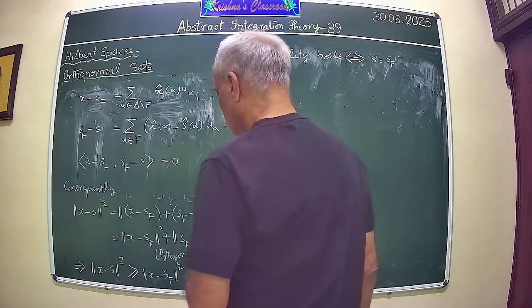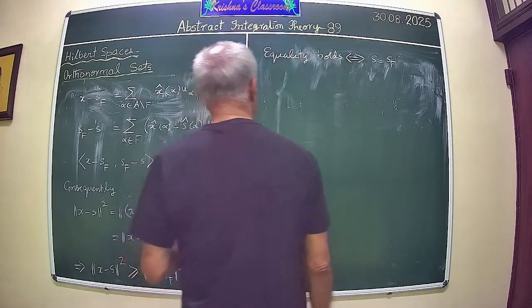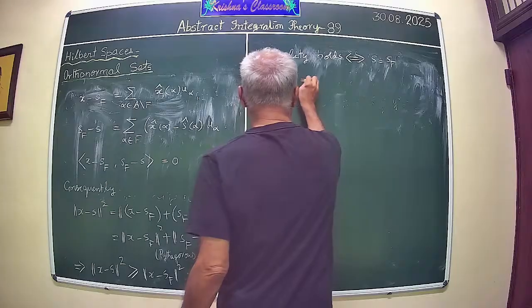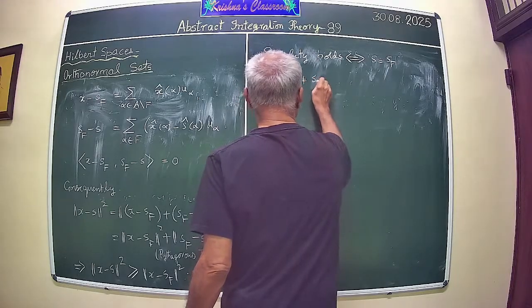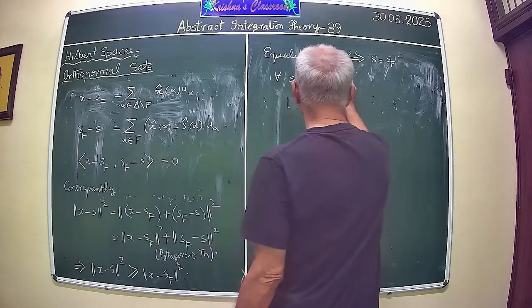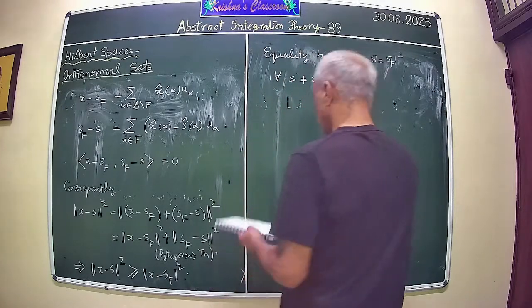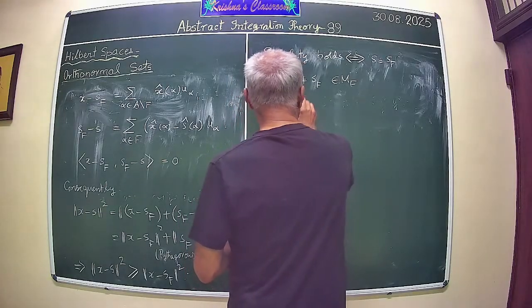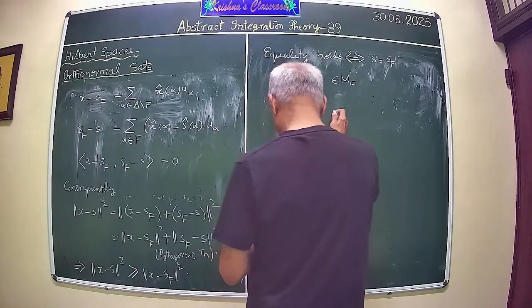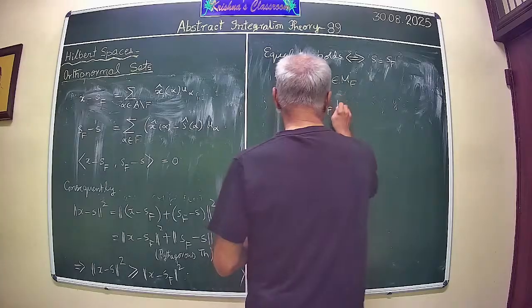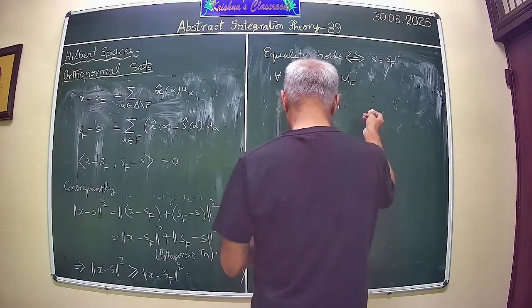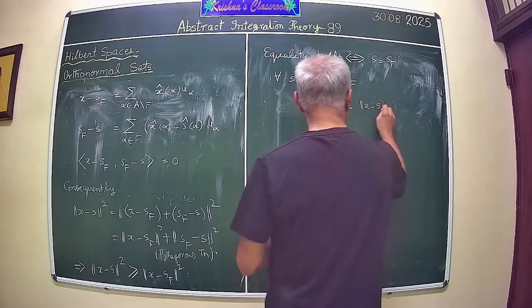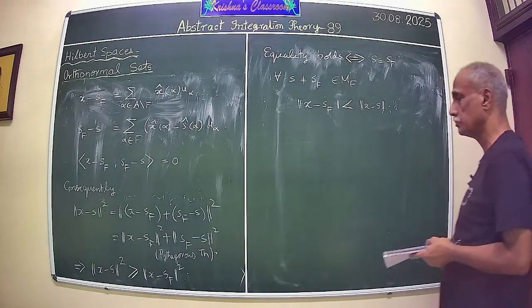Otherwise, therefore, in general, for any S belonging to MF, you have the following, is strictly less than norm of x minus S. Okay.